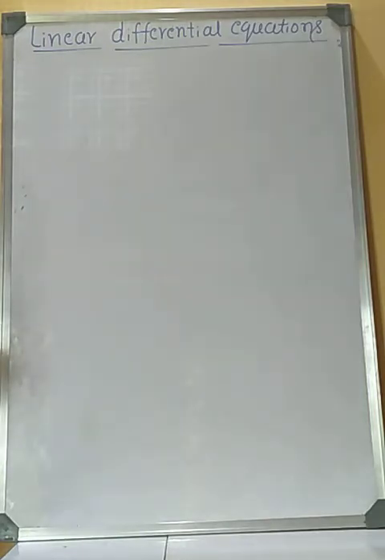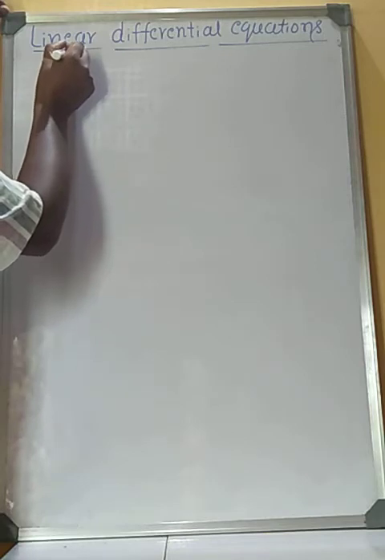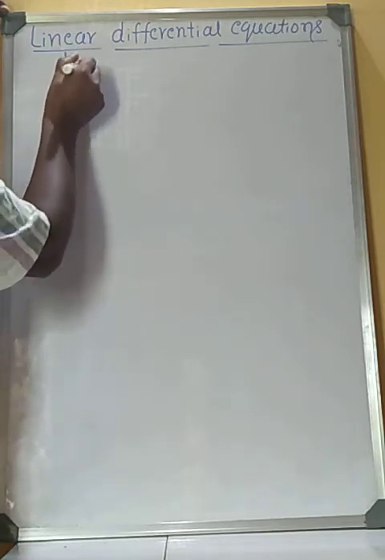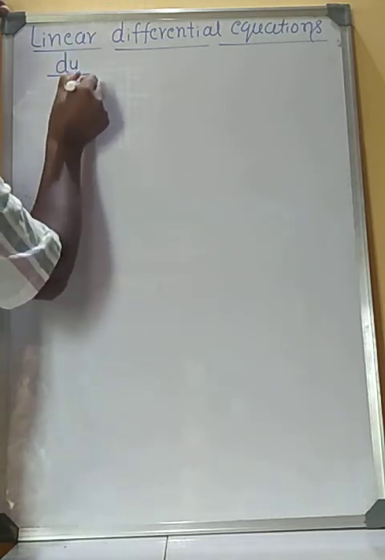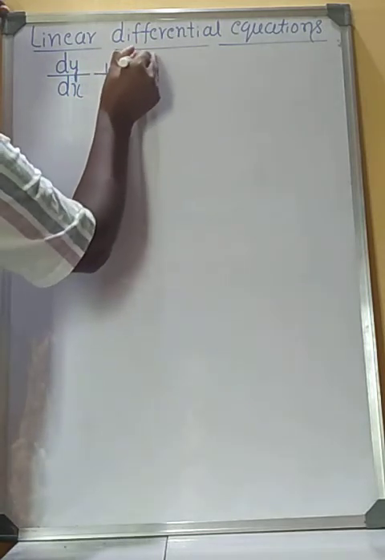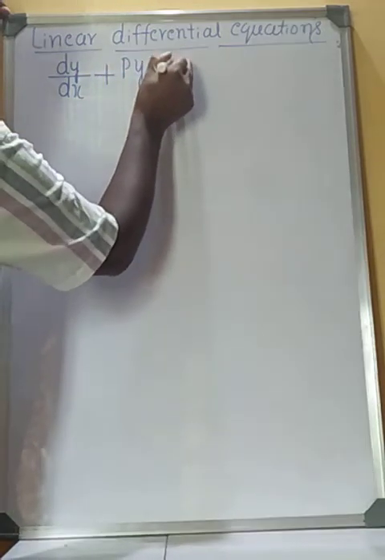The third method: a differential equation of the form dy by dx plus py is equal to q.